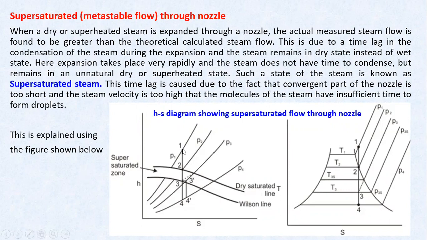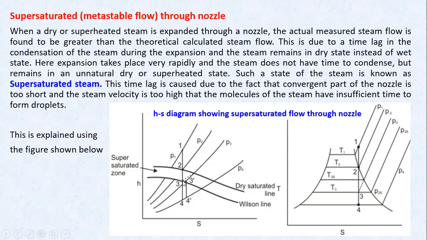Now, when superheated steam enters a nozzle, condensation should occur at this point 2, which is lying on the dry saturated line. But the condensation will not occur at point 2; the steam continues to be in a dry state till this point 3.